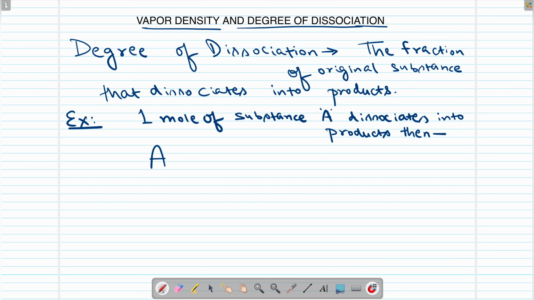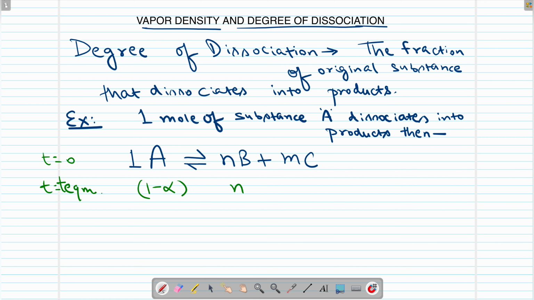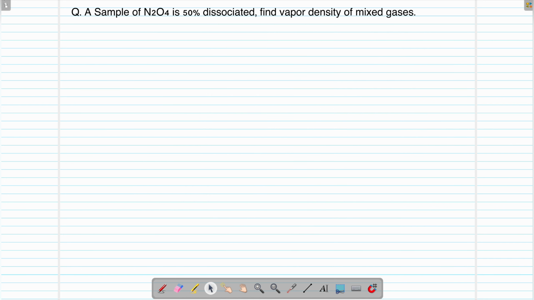So 1 mole of A dissociates into n moles of B and m moles of C. So this is at t equal to 0 when the dissociation begins, and at equilibrium we can write 1 minus alpha of A was left, while n times alpha for B was formed and m times alpha moles of C was formed. Here alpha is degree of dissociation. So alpha moles of A was dissociated when 1 mole of A was taken.